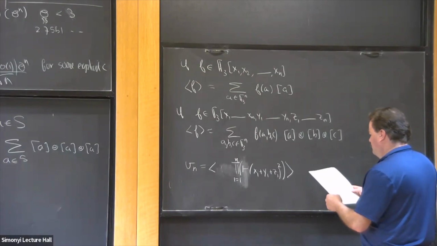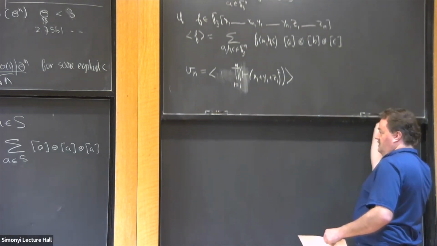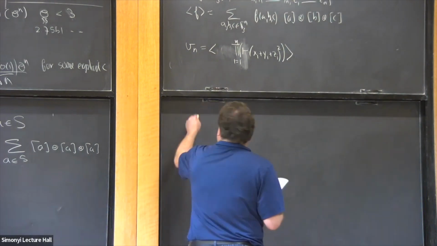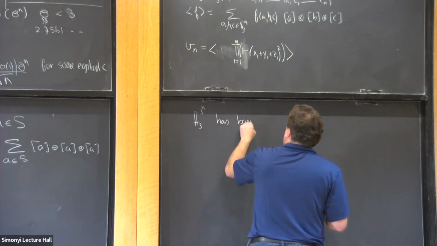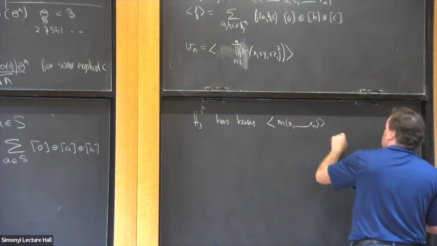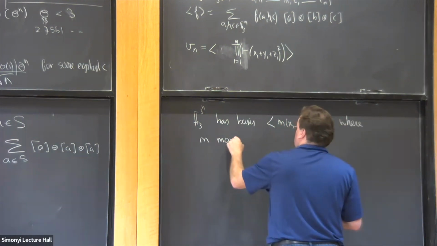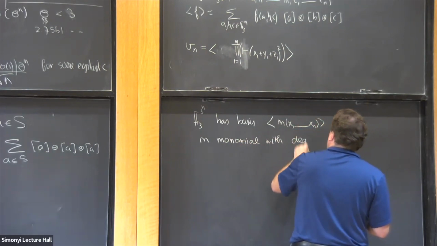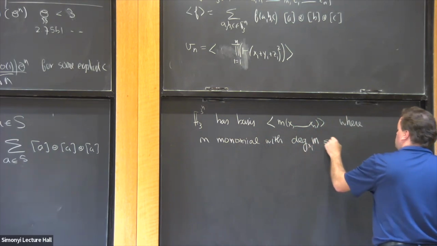And so now we're going to use a different basis, namely a basis of monomials. F3 to the power 3n has a basis consisting of all monomials m with the degree of m in the variable xi less than or equal to 2 for all i.